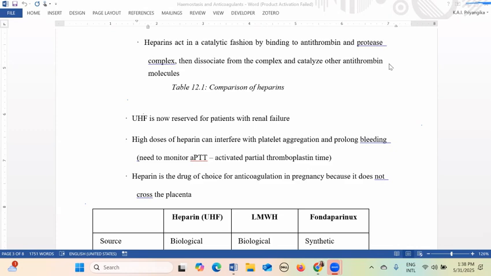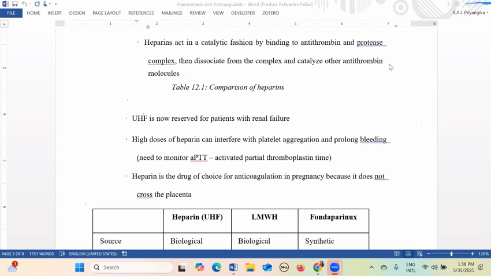Therefore, if there is renal failure, it will not accumulate. If a drug is excreted through the renal system, then in renal failure the drug will accumulate and give more and more anticoagulation, which can be harmful, since bleeding can happen.